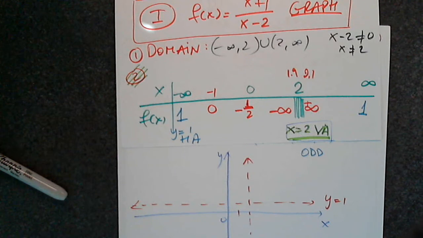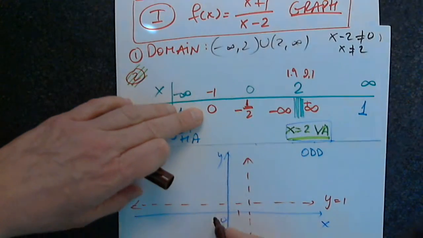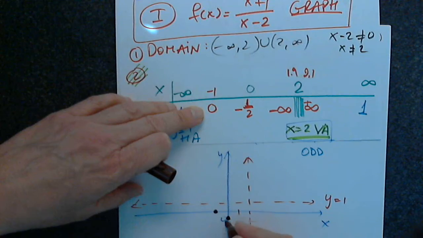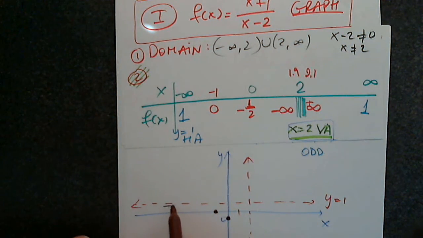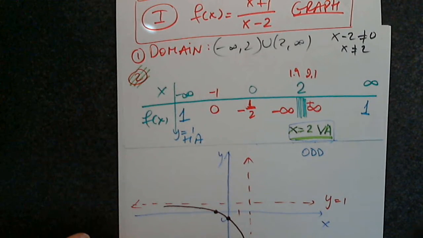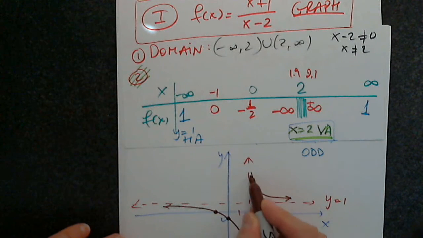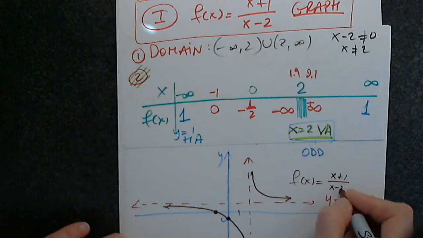On the other side, it's coming from positive infinity and approaching 1. And that's it. So I have to plot negative 1, 0. I have to plot 0, negative 1/2. I already know what's happening on the left-hand side. This is the graph. And I already know what's happening on the other side. And this is the function f of x equals x plus 1 over x minus 2.